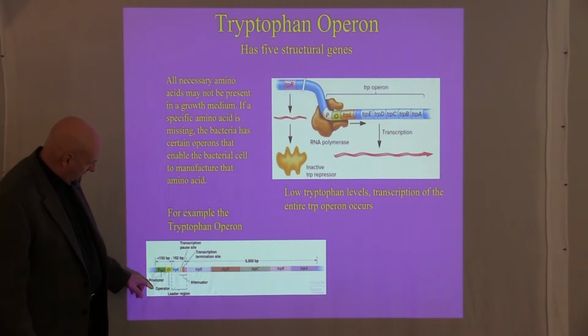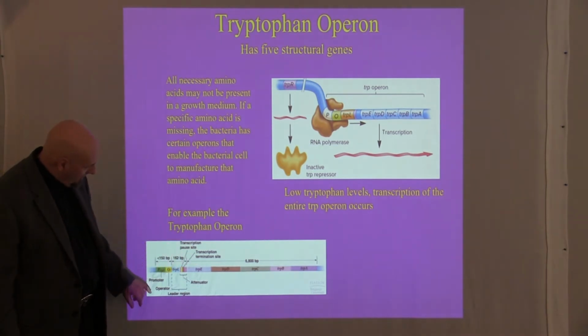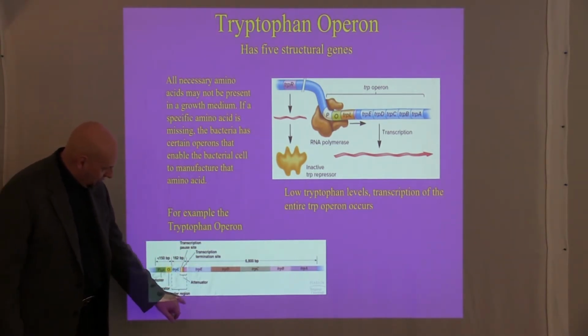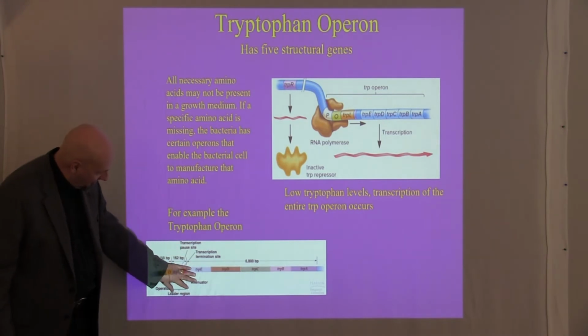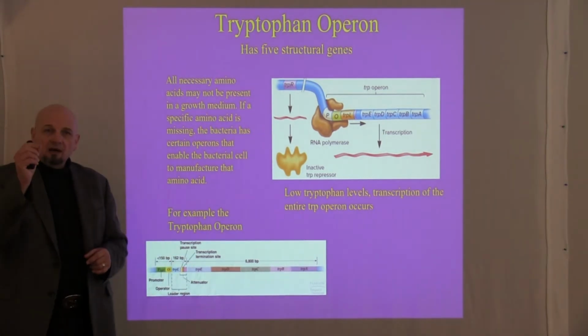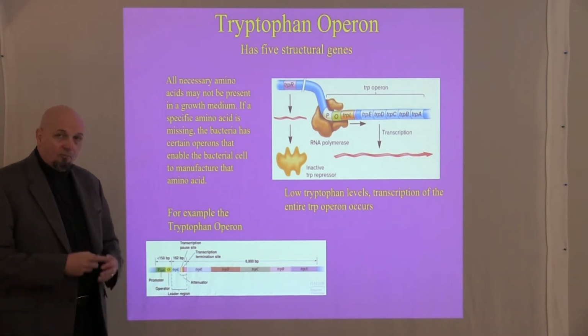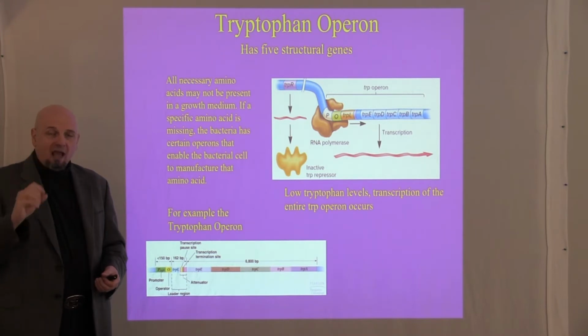Just like the other one, it has a promoter and an operator, but built into this is something else. It's called an attenuator system, or leader region. This is a small area on the messenger RNA that's going to come off here and bind the ribosome initially, and in this area are multiple trp codons.